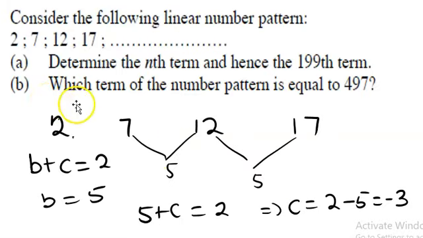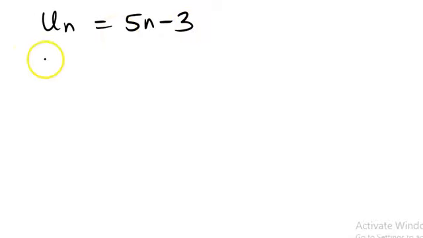Now, let's look at the next. Which term of the number pattern is equal to 497? So this is the number pattern. Which term will give us this value, 497? We know the nth term is equal to 5n minus 3. That is the pattern of the linear sequence. From the question, un is equal to 497.